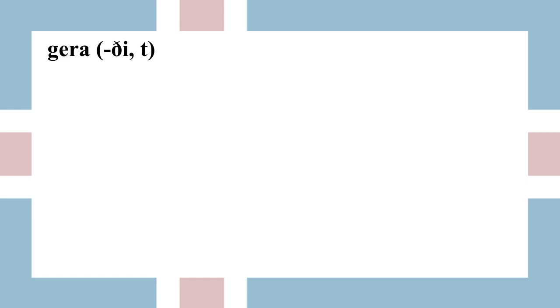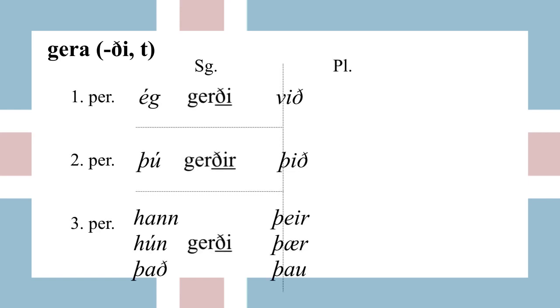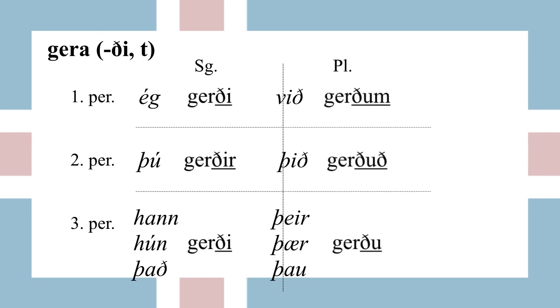Let's look at one with edi, að gera, to do. Ég gerði, þú gerðir, hann, hún, það gerði, við gerðum, þið gerðuð, þeir, þær, þau gerðu. And so with these past three slides, that shows you how to conjugate basically every DTD verb in the past tense, depending on whether it takes a D, a T, or a the.